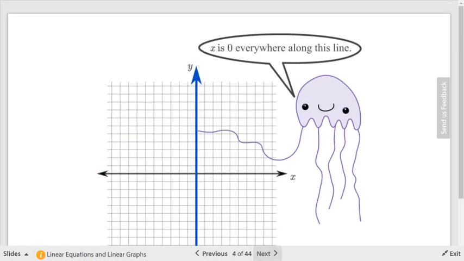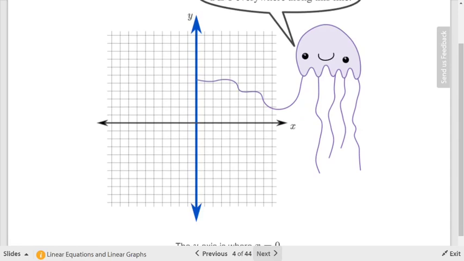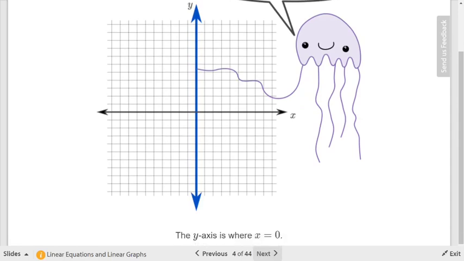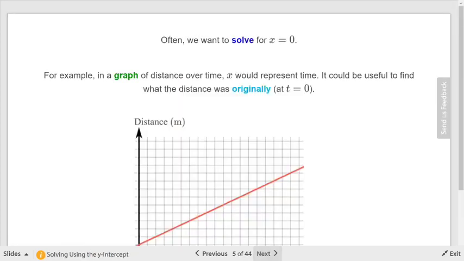Okay. All right. And if on the Y-axis, just the opposite is true. You can't have gone right or left any. Right? We can go up or down as much as we want, but we can't go right or left any. So in that case, which value has to be the 0? The X, right? Because X tells you to move right or left. Good. Keep those in mind as we're looking at these.